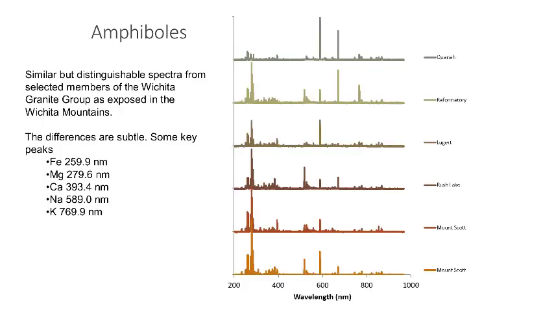On this slide, we see how the LIBS technique has been applied to a series of amphibole grains in individual granites from the Wichita Mountains of southwestern Oklahoma. There are some gross similarities between each of the grains within each of the rocks. However, there are some differences, mostly in intensities of the sodium 589 peak and the potassium 769.9 peak.